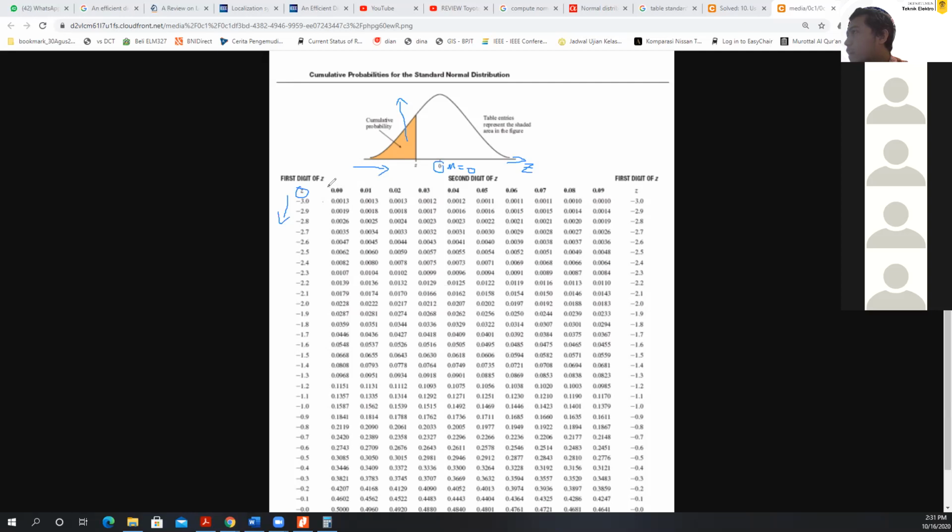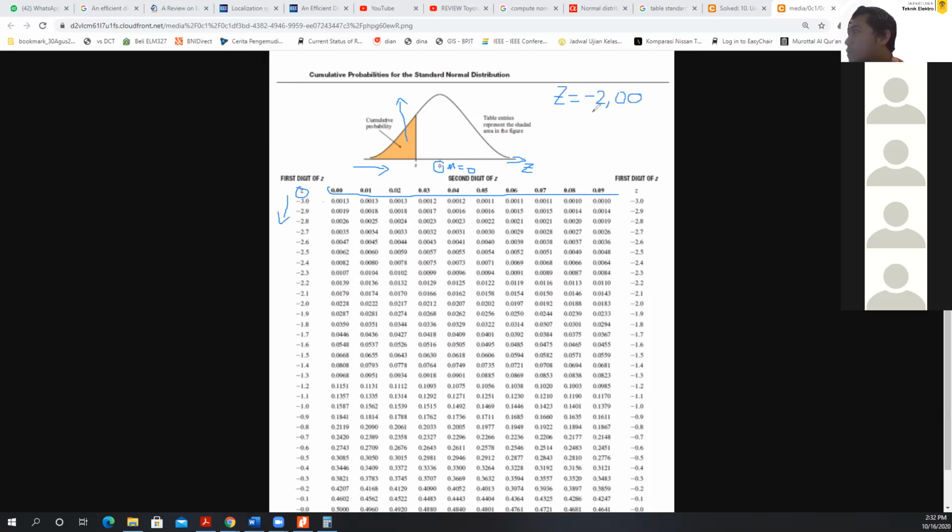And another column here represents the decimal part after the point. For example, we know that the z we want to know is -2, right? -2.00.